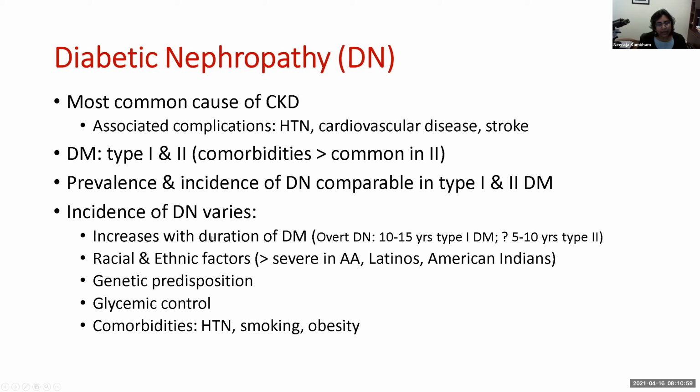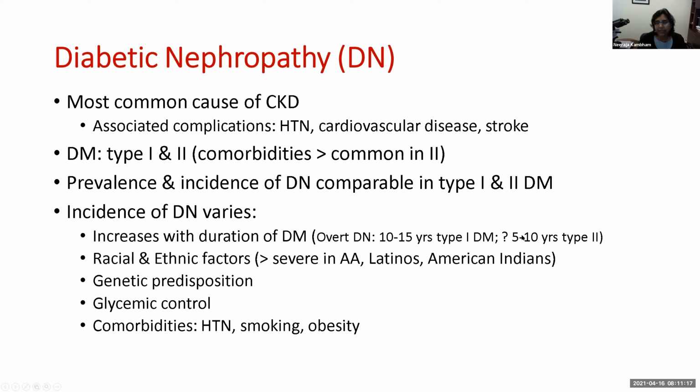The incidence of diabetic nephropathy increases with the duration of diabetes mellitus. So overt diabetic nephropathy probably develops about 10 to 15 years into type 1 diabetes, and probably a shorter duration, 5 to 10 years, for type 2.